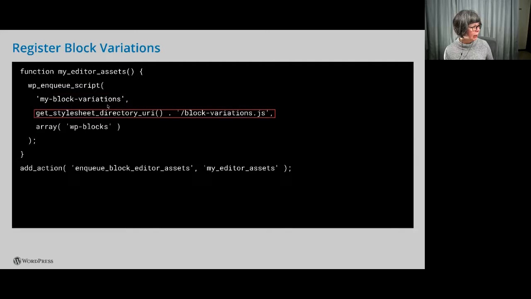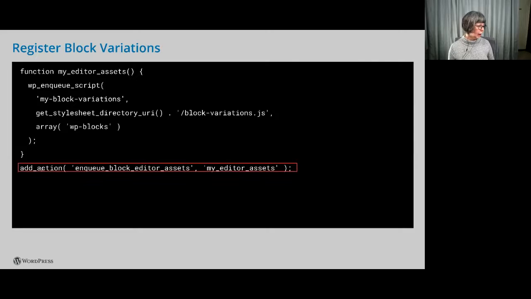We're going to tell it where to look for the file, block-variations.js in the theme directory. And then we tell it what to load it with, which in this case is wp-blocks, so it loads into the block editor. Then we hook it into the enqueue_block_editor_assets hook in WordPress and tell it which function to load.